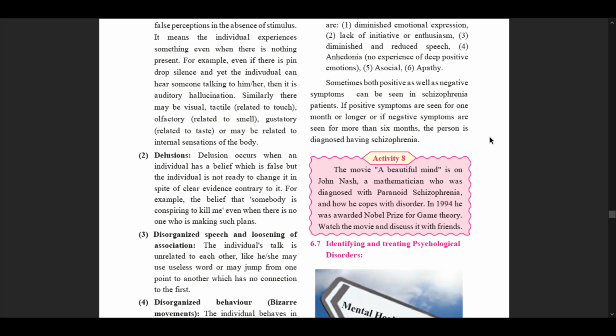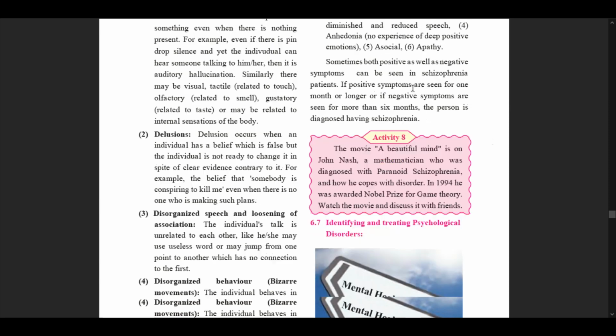That's why it's a positive symptom where he or she thinks that someone is trying to do something to them or some plot is being planned, but it is not happening in any way. So this is thinking of something that is never going to exist or does not exist at the moment.